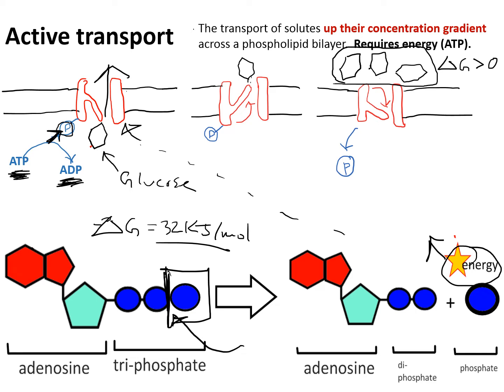And when we add this phosphate to it, it undergoes a conformational shape change, pumping the glucose up its concentration gradient. And this reaction, sorry, I should have said negative. Didn't I say negative? Negative. Has a very negative delta G. So it'll happen very spontaneously, and we can couple it to reactions that are useful to the cell.